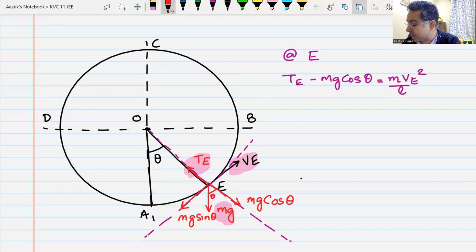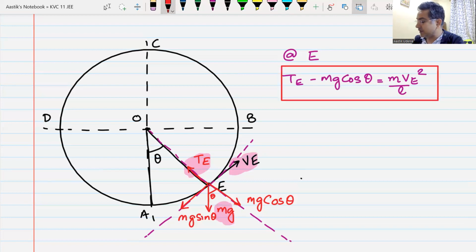This is the equation that we were looking for at point E. But this is not the only equation that we can make.